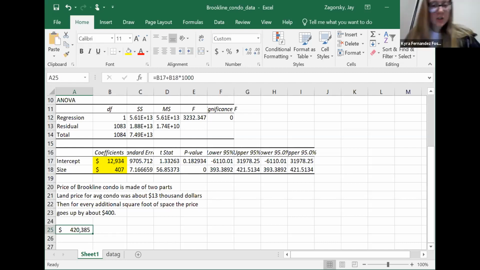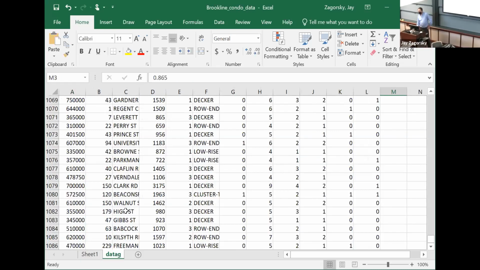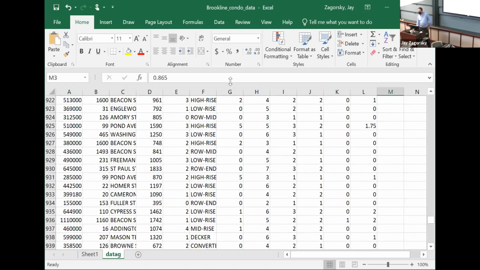Professor? Go for it. So when we were doing the correlation, when do we use the equals CORREL equation to create a correlation matrix? Because I was trying to create a correlation matrix and the computer was not happy with me. So why would the computer not be happy with your correlation matrix? Because you have a whole bunch of columns here with words in them. But I didn't use those.